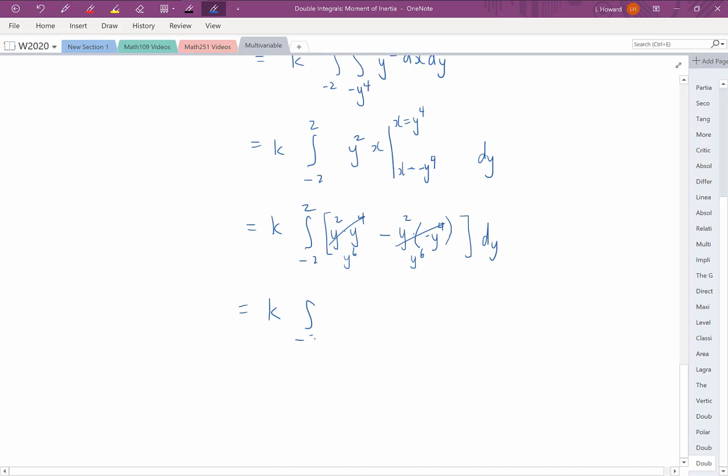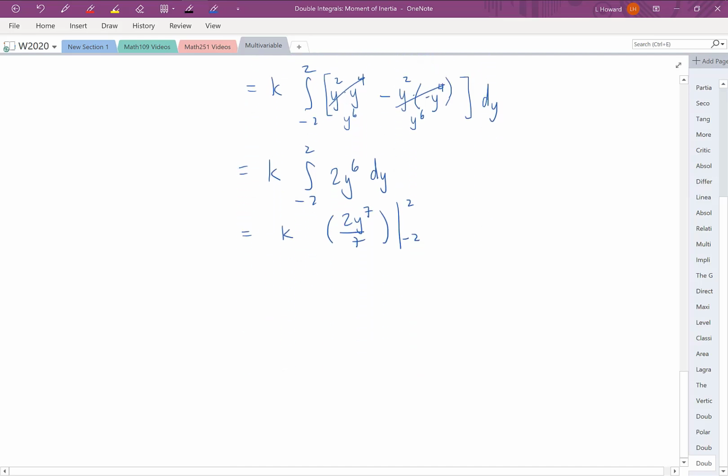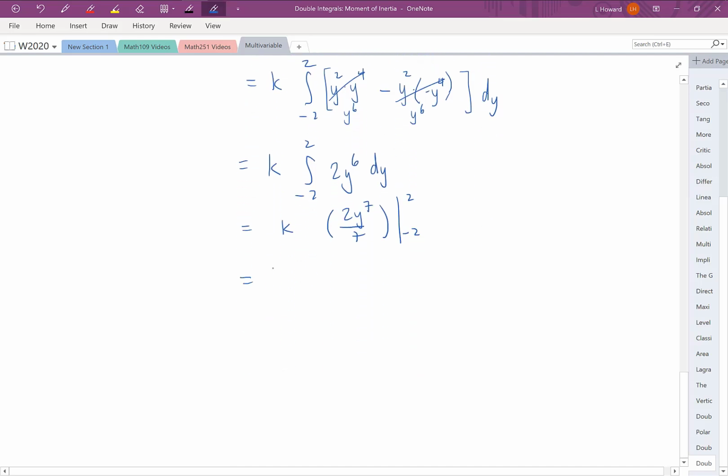So k times the integral from -2 to 2, 2y to the 6th dy, and now we're in good shape to finish this off. So we've got k times 2y to the 7 over 7, and that's going to get evaluated at 2 and -2. All right, so k times 2 to the 7, 128.